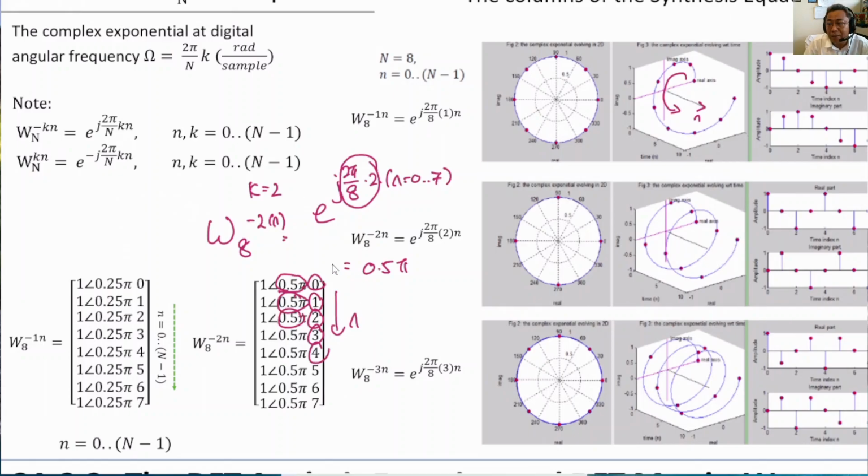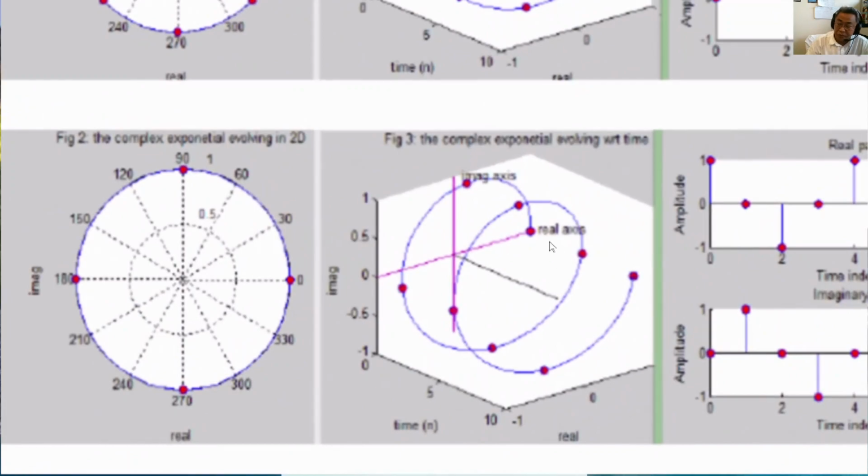So n is varying, so we fix the 0.5 pi, and then we are changing n here. And now you may think, isn't this also another complex exponential vector with magnitude 1? It is also rotating anti-clockwise, but it is different from the first one because it's rotating faster. At each step, it is moving by 0.5 pi. This figure shows the first point and the second point, and at each step it is rotating by pi over 2. So this is the figure of the second column of the IDFT matrix.